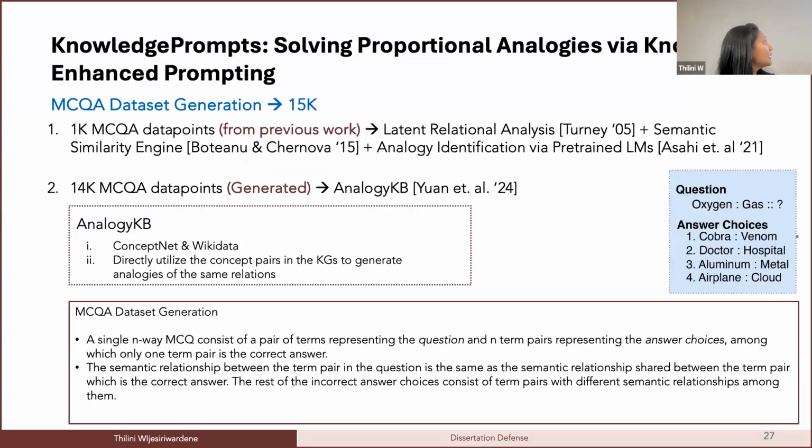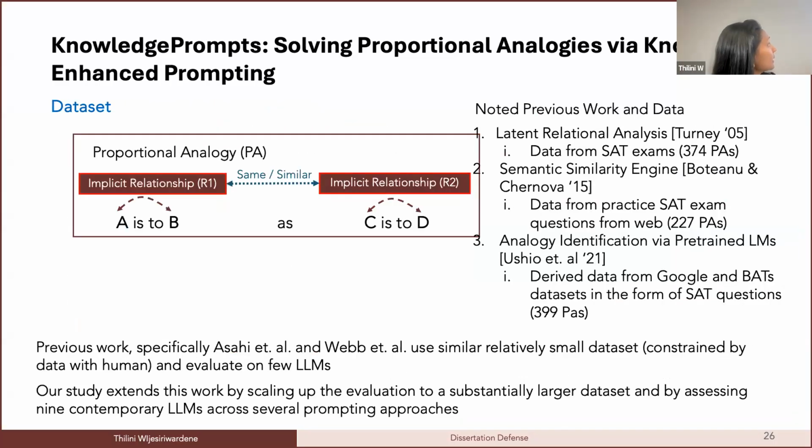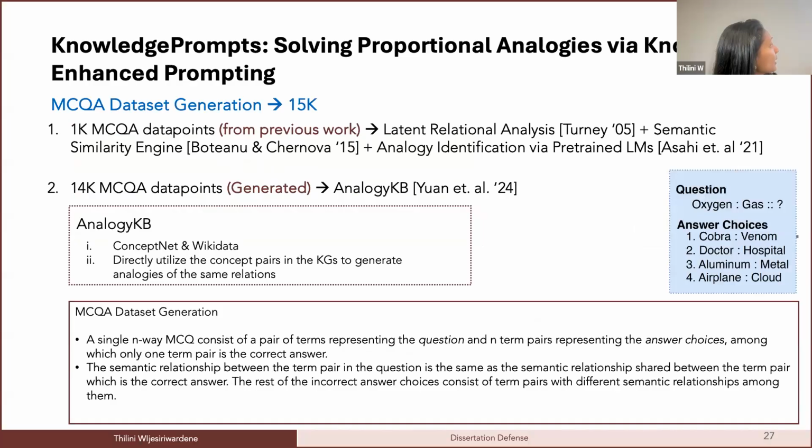So what we did was, there were several data sets from previous work that were looking at these SAT type questions, basically MCQs, but they were limited, and a lot of them were under maybe 400.